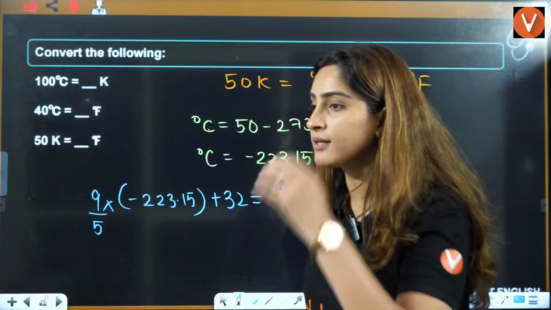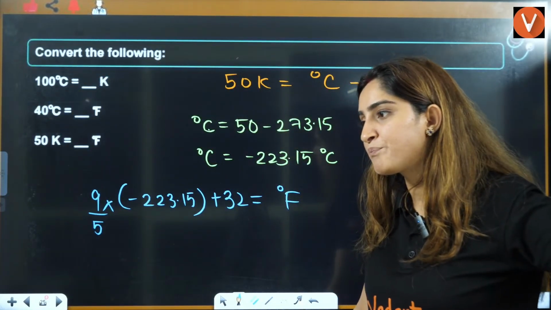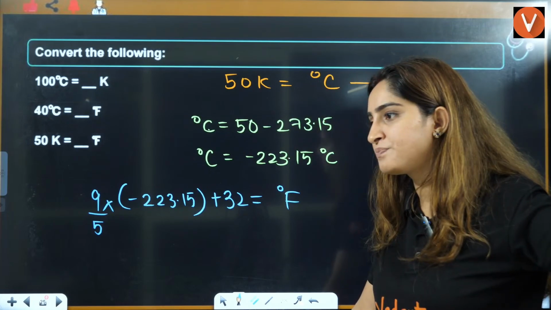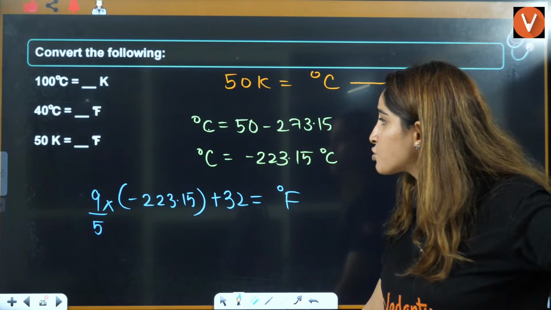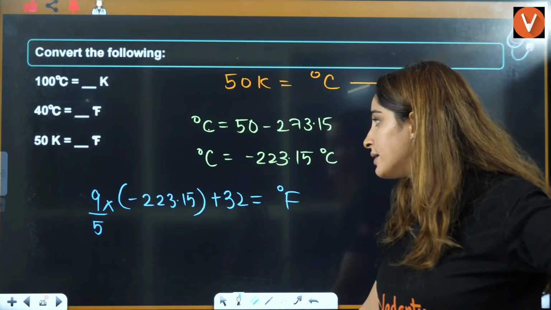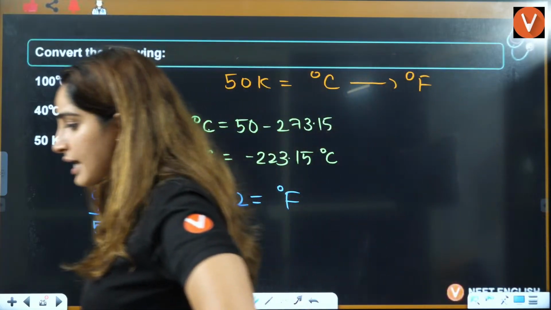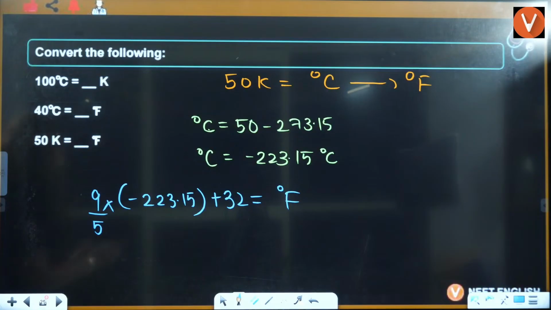You just need to solve this and you will get your answer. Let us see what answer we get. You also verify that. I'm just taking it as 223 only.